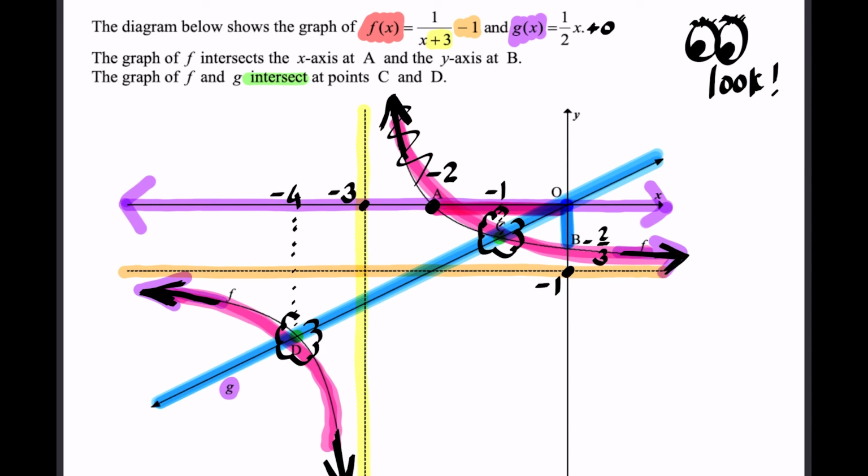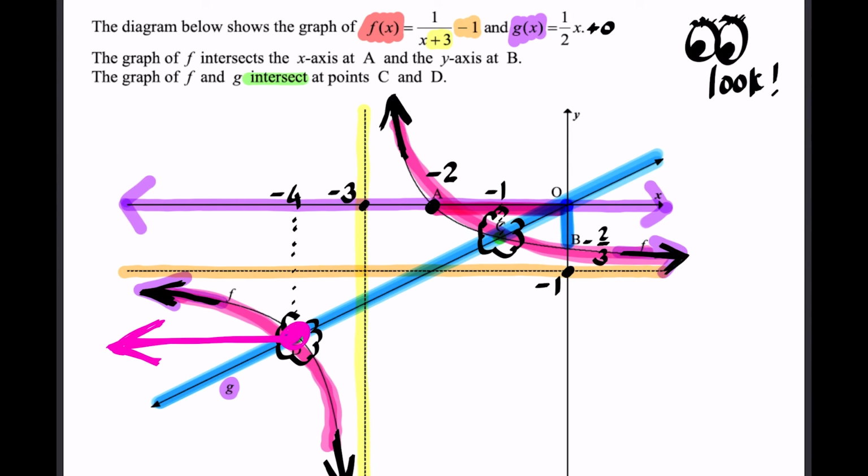We can see over here, I'm scribbling it out in black. Over here, that hyperbola section is above. Over here, this hyperbola section is above. So it's saying for which x values will the hyperbola be above the linear graph. So that means the hyperbola will be above the straight line graph from this coordinate of D going in the negative direction.